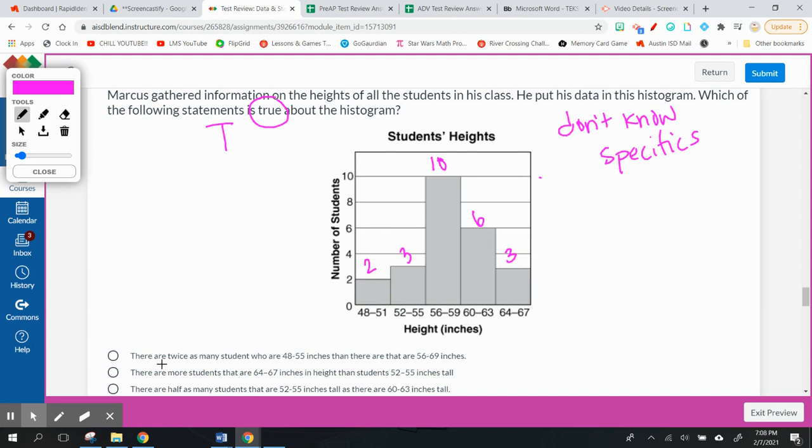Let's see, there are twice as many students who are 48 to 55 than there are 56 to 69. Well, let's do that. 48 to 55, well, that's 2 groups, so that would be 5 people. 56 to 69, here's 56.